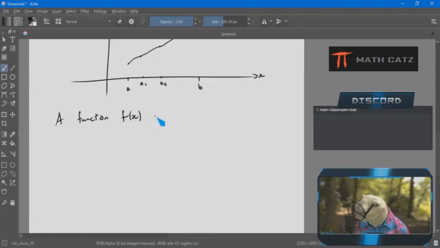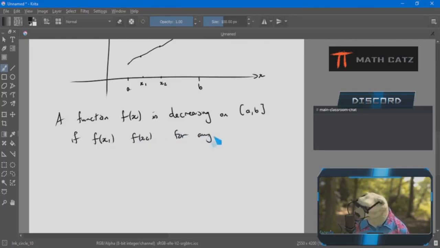It's good to see how the language looks. Function f is going to be decreasing on some interval a to b if I compare the function values between any two points, x1 and x2, in this interval.